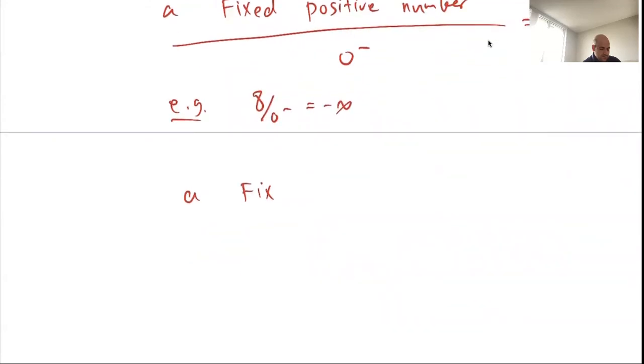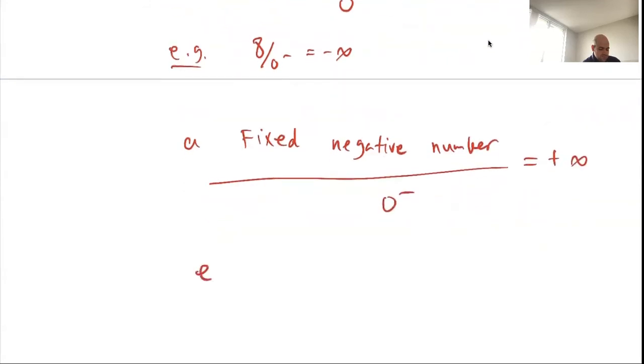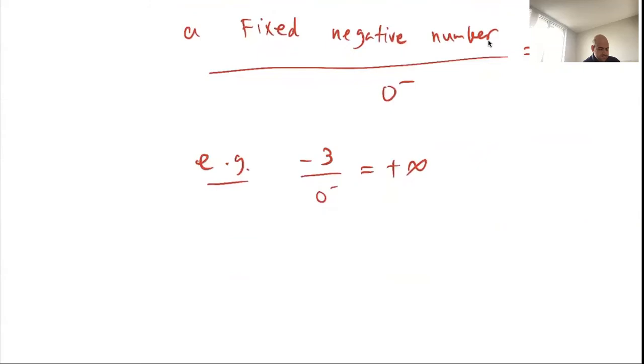And finally, a fixed negative number divided by 0 minus, this is positive infinity. So for example, let's say minus 3 over 0 minus, this is positive infinity.